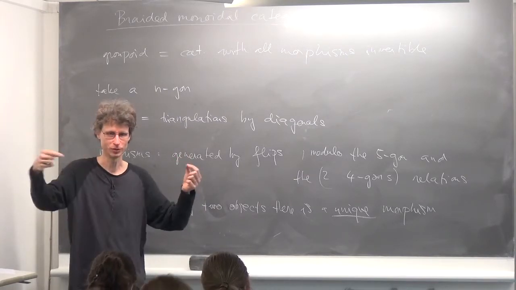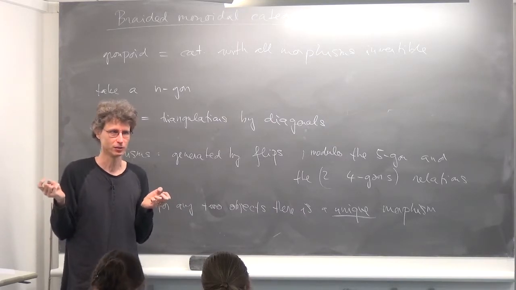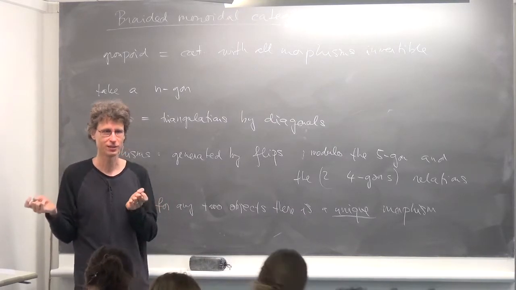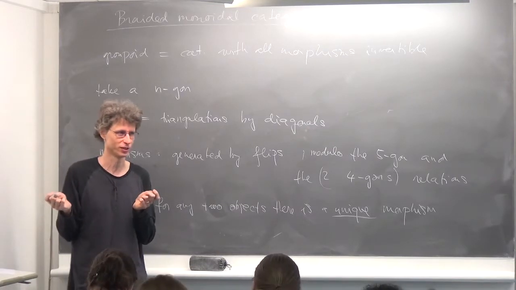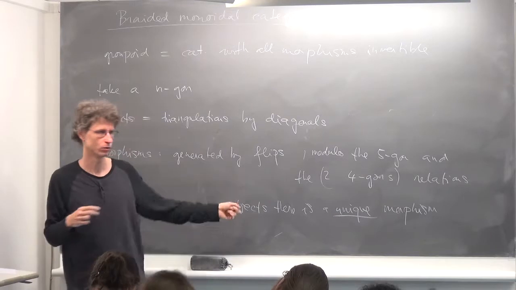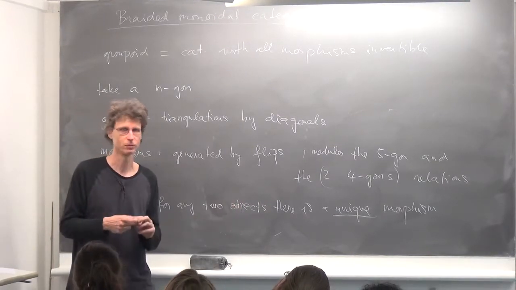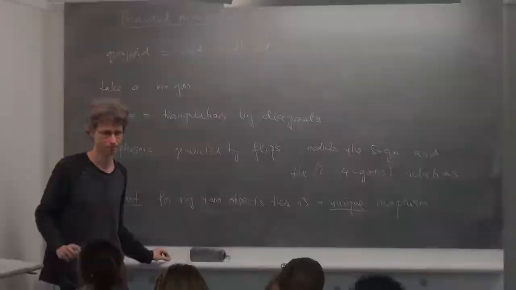There is no other morphism between them. So in some sense, everybody is canonically equal to everybody else, except it's not really equal, it's just canonically isomorphic. But to see how to get this result using a cell complex, it will be after the break.